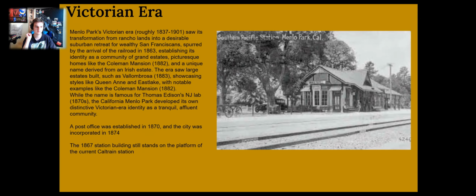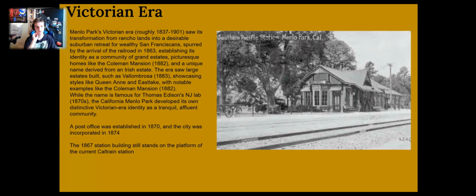Menlo Park's Victorian era, roughly from 1837 to 1901, saw its transformation from rancho lands into a desirable suburban retreat for the wealthy and San Franciscans, spurred by the arrival of the railroad in 1863, establishing its identity as a community of grand estates, with picturesque homes like the Coleman Mansion in 1882, and the unique name derived from the Irish estate.